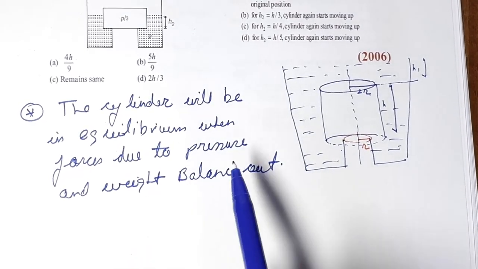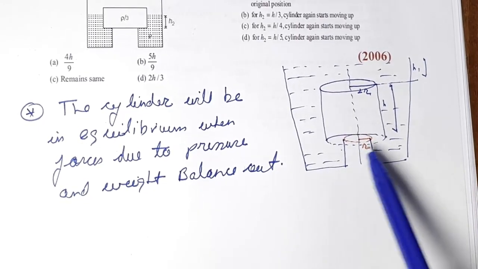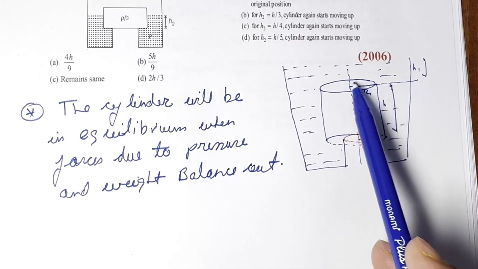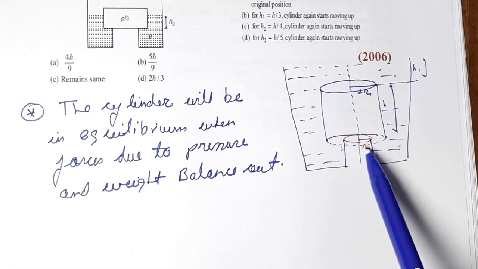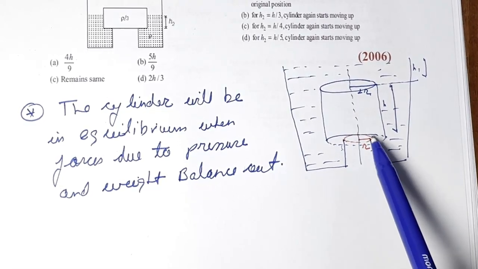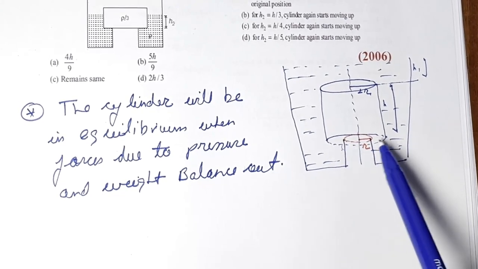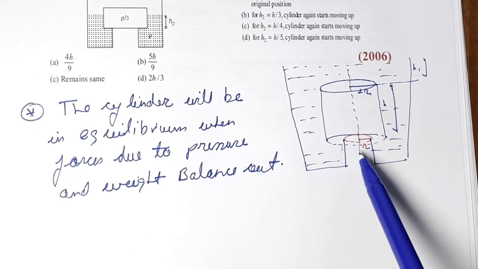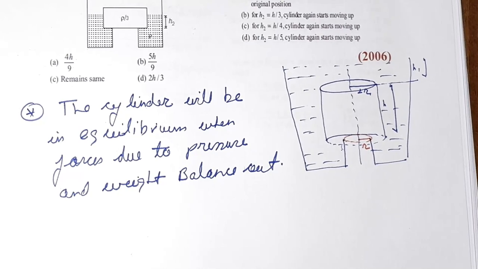In order to find the pressure forces, we should know the area of the top cross section, the area of this hole with respect to the cylinder, and the area of the remaining part at the bottom except this hole. So first of all, let's find out the different types of areas.